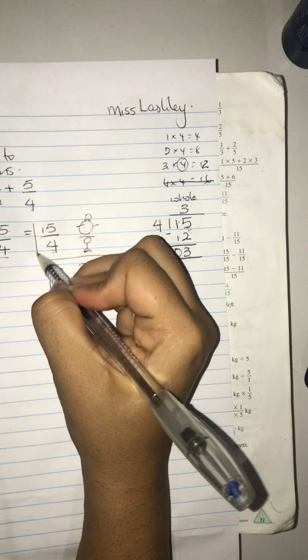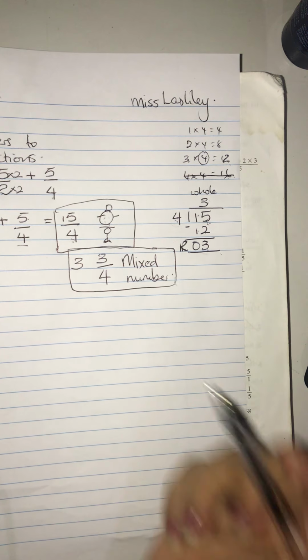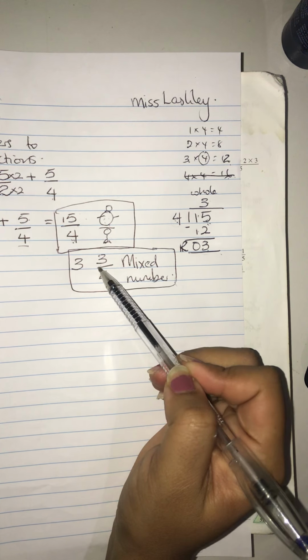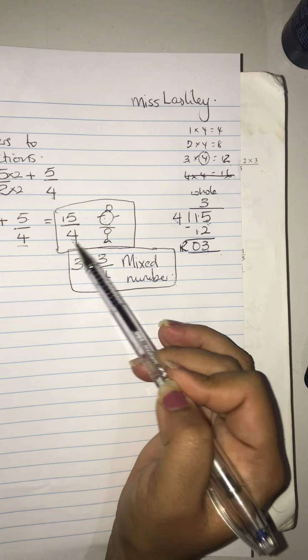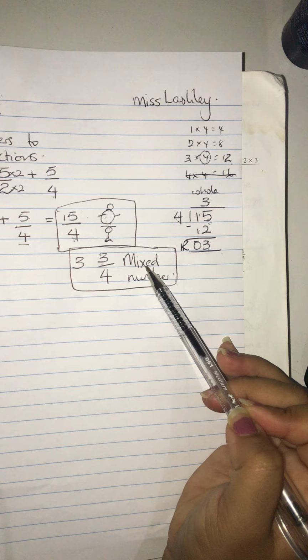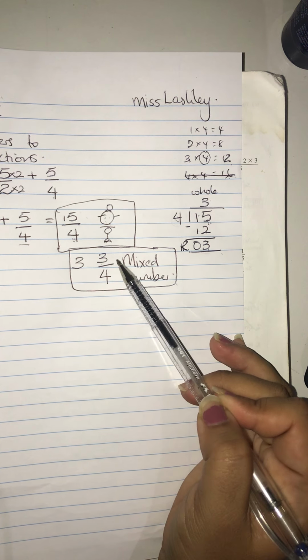As an improper fraction, this is our answer. They are the same thing, but this is an improper fraction, big number on top, small number below. And this is a mixed number, meaning whole number and fraction.